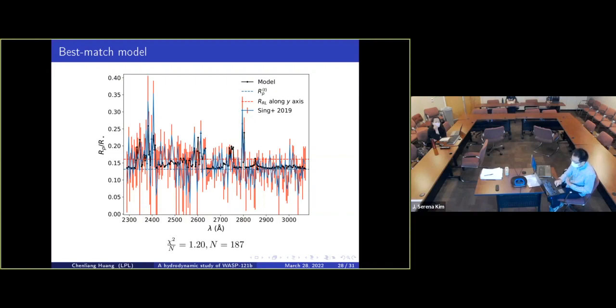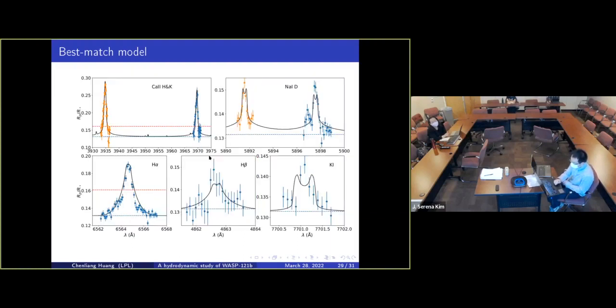And there are the magnesium 1 features, but the signal to noise is not high enough to really see them. And for the optical features, basically I can fit all the features quite nicely.